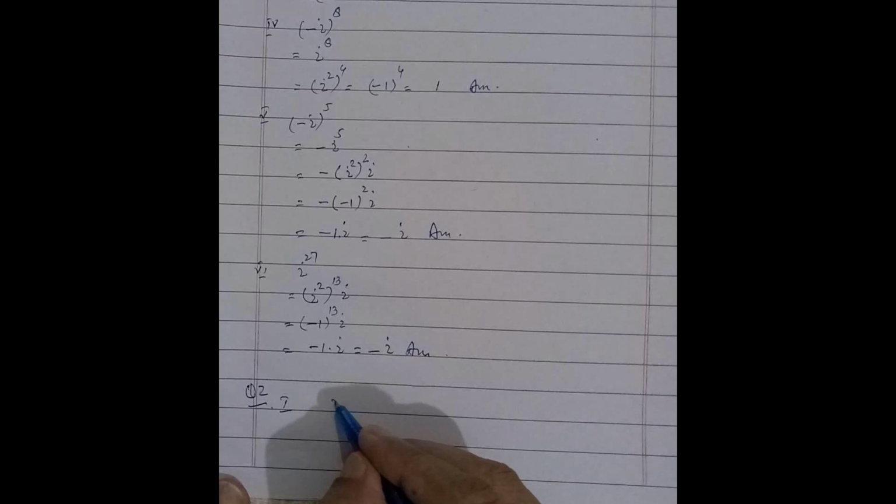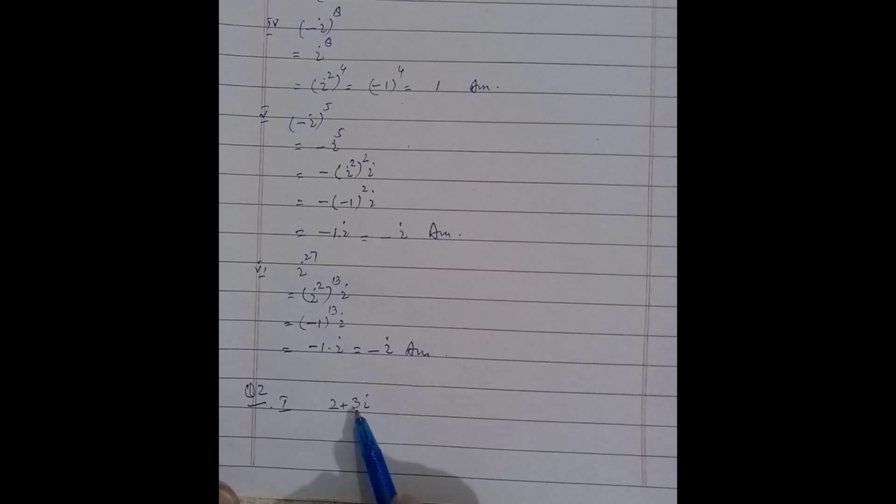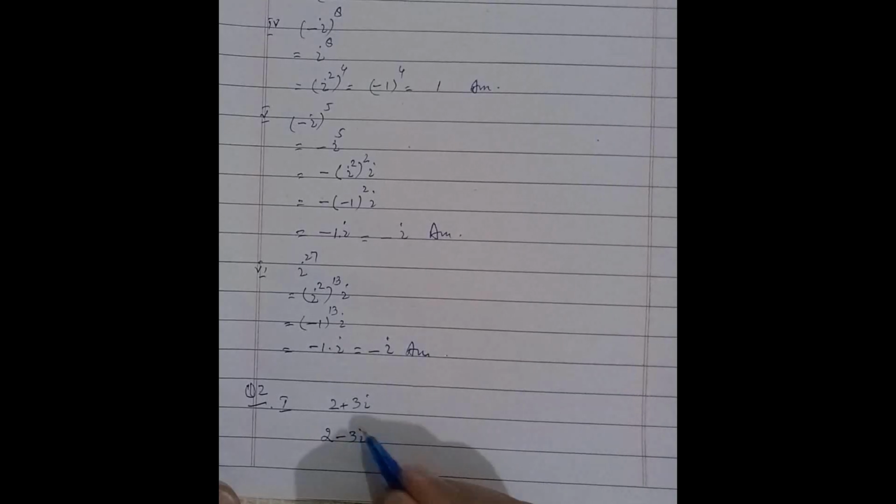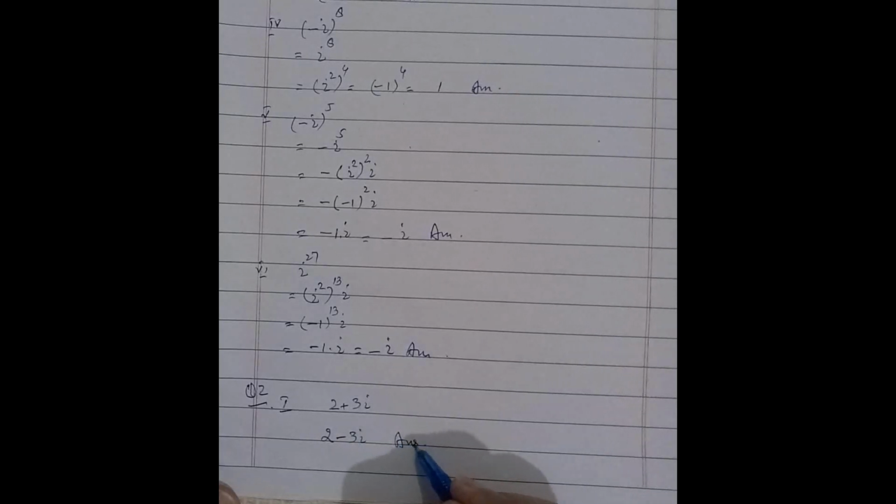Now take 2 plus 3 iota. It is a complex number. 2 is real, and 3 iota is imaginary. And when we want to take the conjugate of this number, we change the sign of the imaginary part, which is plus 3 iota. We convert it to minus 3 iota, and it is the conjugate of 2 plus 3 iota.